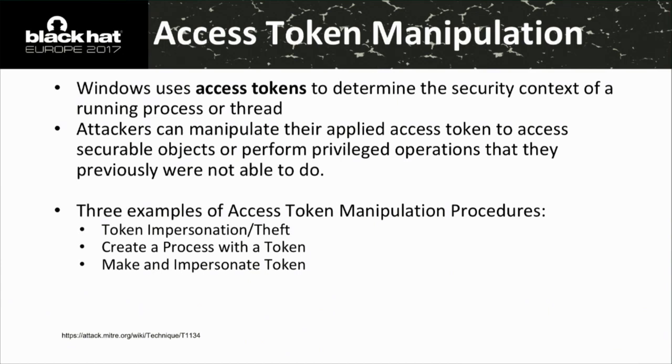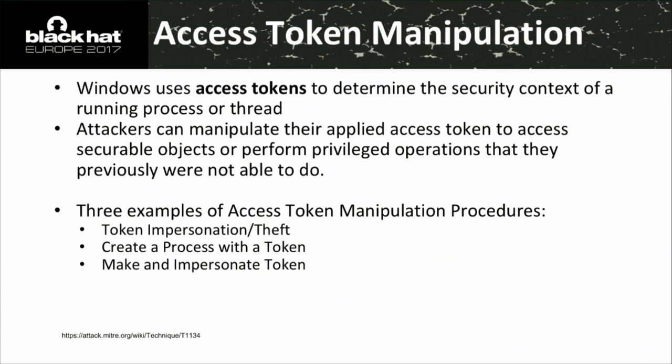However, there is this concept in Windows called token impersonation, or impersonation in general, that allows a process to apply a different user's security context at the thread level. So basically a process can operate as a different user for certain contexts. And so attackers have found out that they can use this impersonation concept to operate as a different user to achieve some effect that they want.